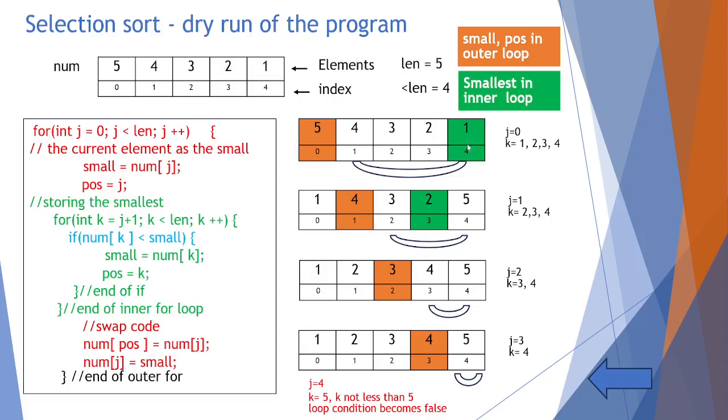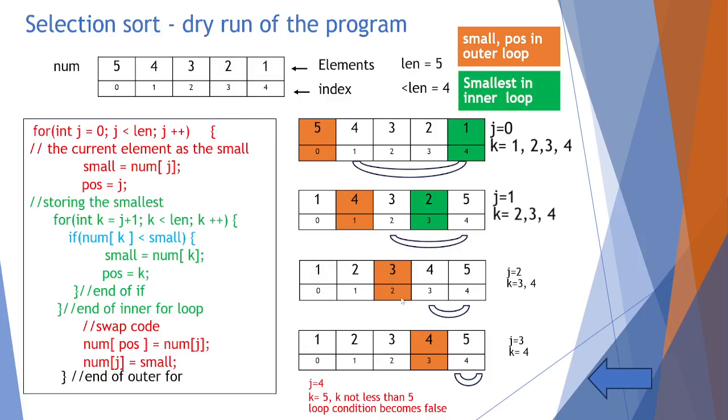The smallest in the inner for loop is in green color over here. So when j is 0, k starts from 1 till 4, because length is 5. Now when j is 1, the picked up element, k starts from 2, 3, 4.